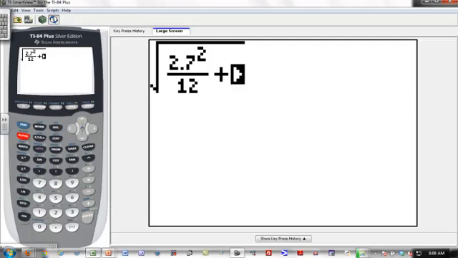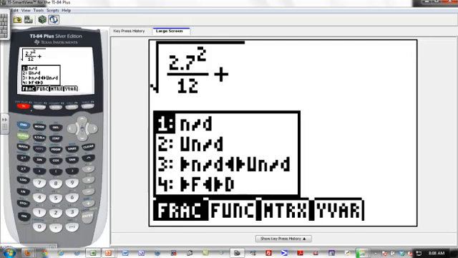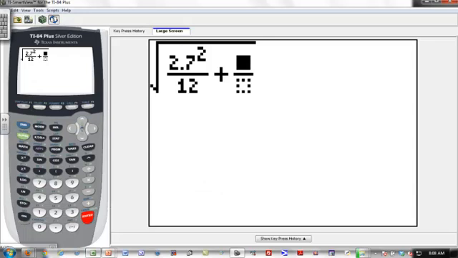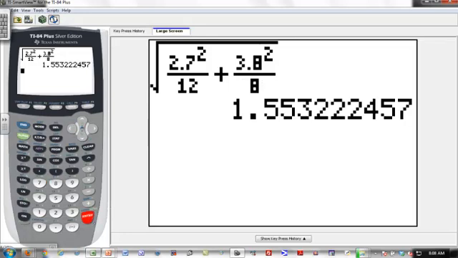There we go, plus. Second, alpha F1, another fraction. There we go, 3.8 squared. And then down here for 8. We good now? All right. And again, if you use those fractions inside, you get something that looks like the way you would write it down, and you can compare it.